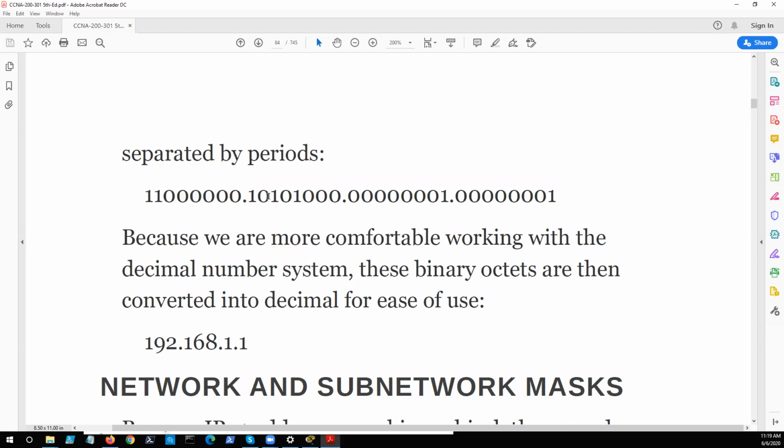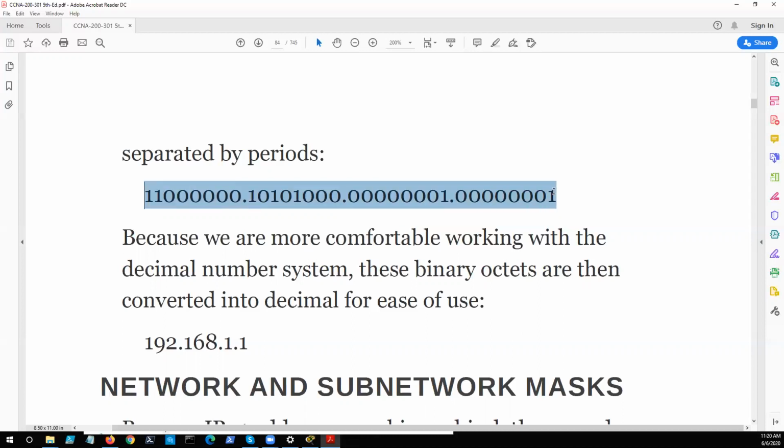Pag binaraw ko yung dalawa, 10 na yan, di ba? 8 plus 2, 10. So /10 to. Okay? So meron ditong classes: class A, /8, class B, /16, class C, /24. Bakit naging /24? Kasi this is 24 bits. Malinaw.